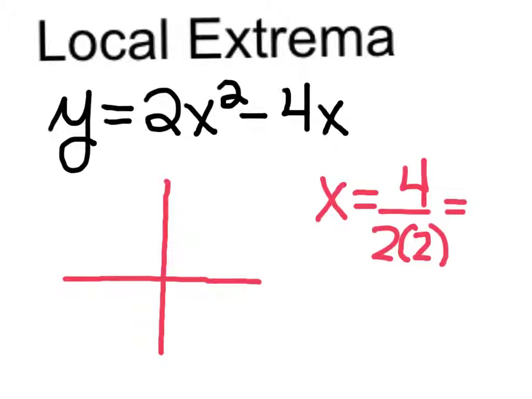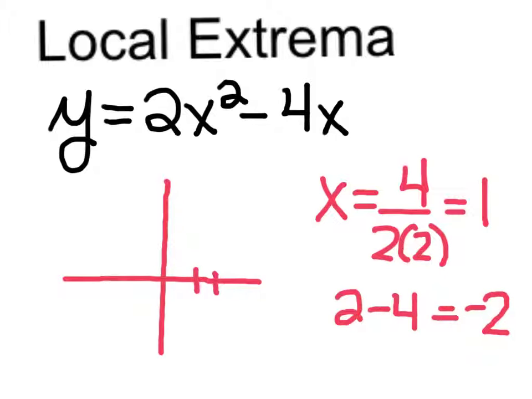In this case, that's 1. Substituting that number into the equation, and in this case, you end up with 2 minus 4, which is negative 2. And so this graph has a vertex at positive 1 and negative 2.